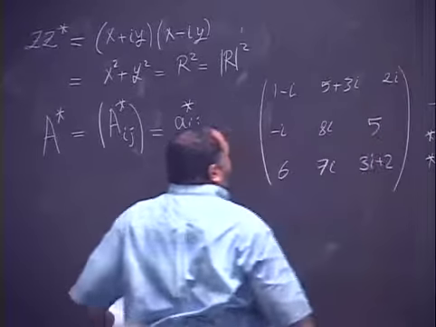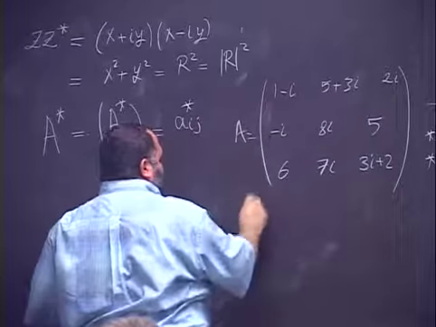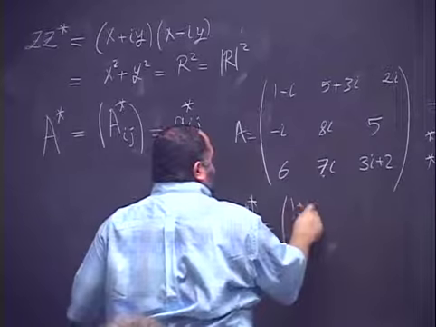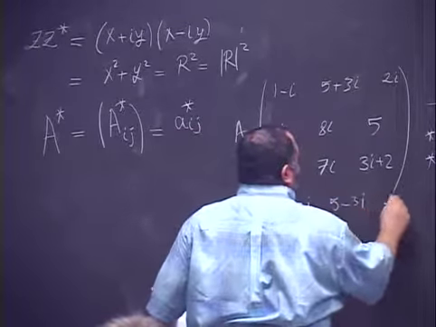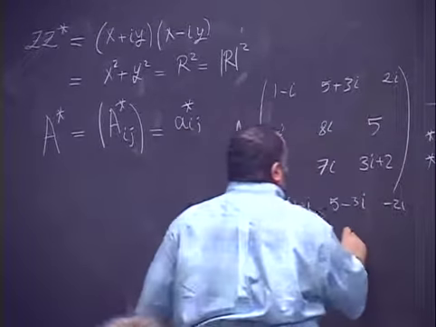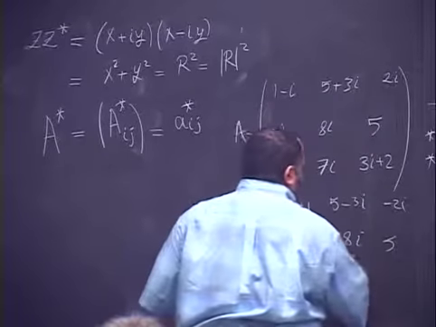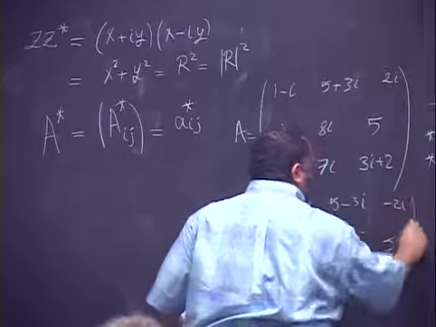So what's the complex conjugate of this? This is A. So A complex conjugate is just what? 1 plus i, 5 minus 3i, minus 2i, plus i, minus 8i, 5 is still the same, 6 is still the same, minus 7i, and 2 minus 3i.